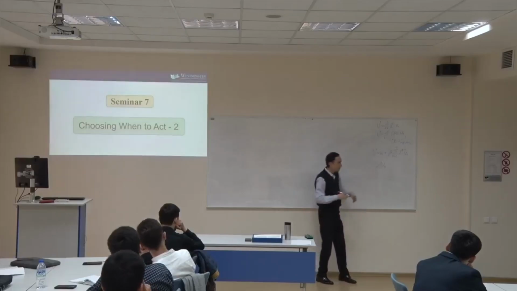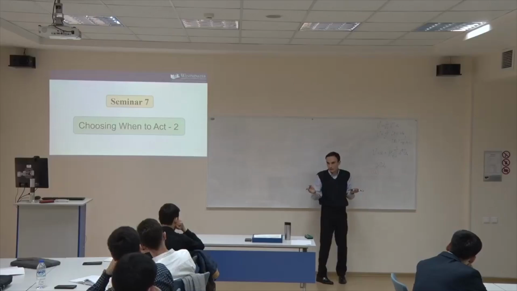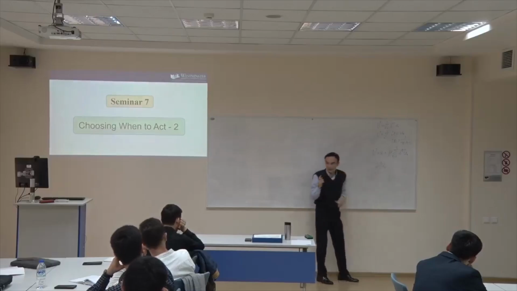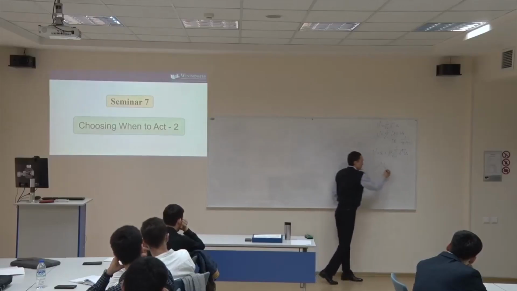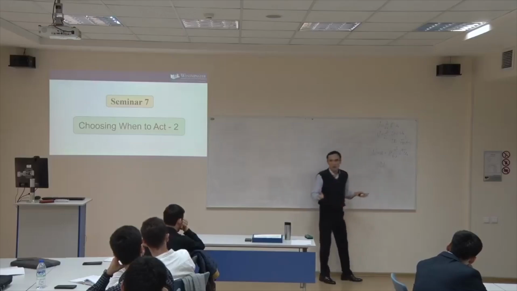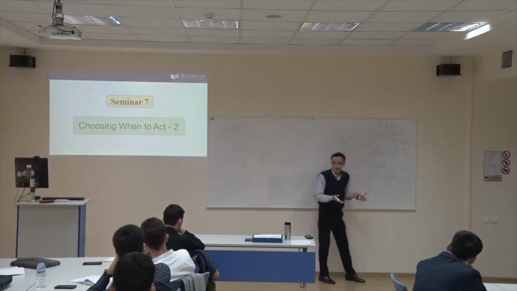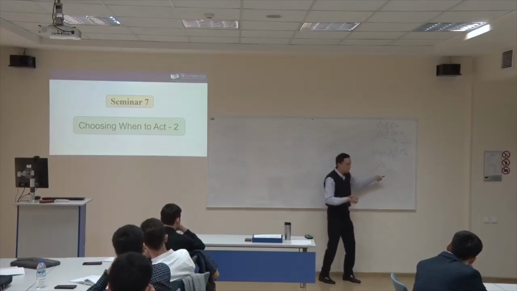If it's going to rain, I cannot play soccer, so the utility I get is 0. And there is a 40% probability that tomorrow on Saturday it's not going to rain. If it's not going to rain, I can play sports and I get utility of 3. So now we are introducing prospects, risk, okay?